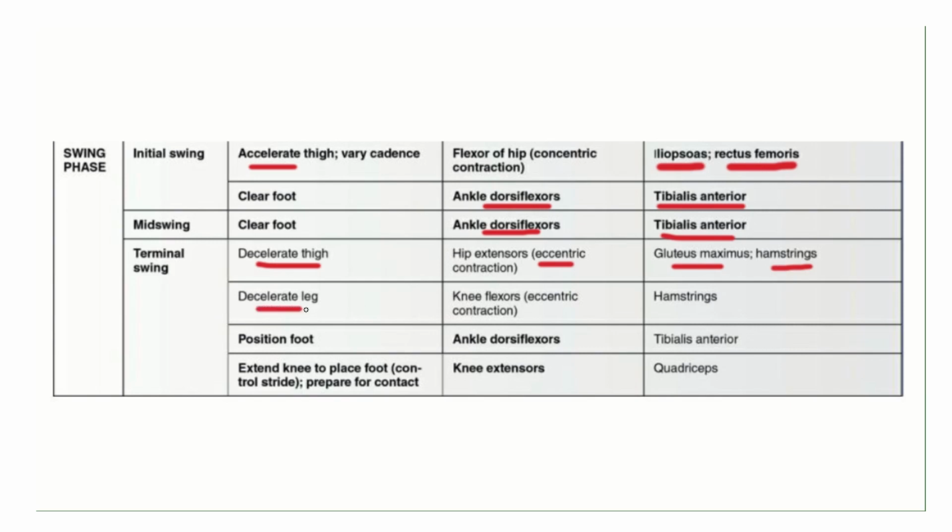And the leg will be decelerated as well through the help of hamstrings muscles, which are knee flexors. Okay, and to position the foot, the ankle dorsiflexion has to be continued, and that will be done by tibialis anterior.